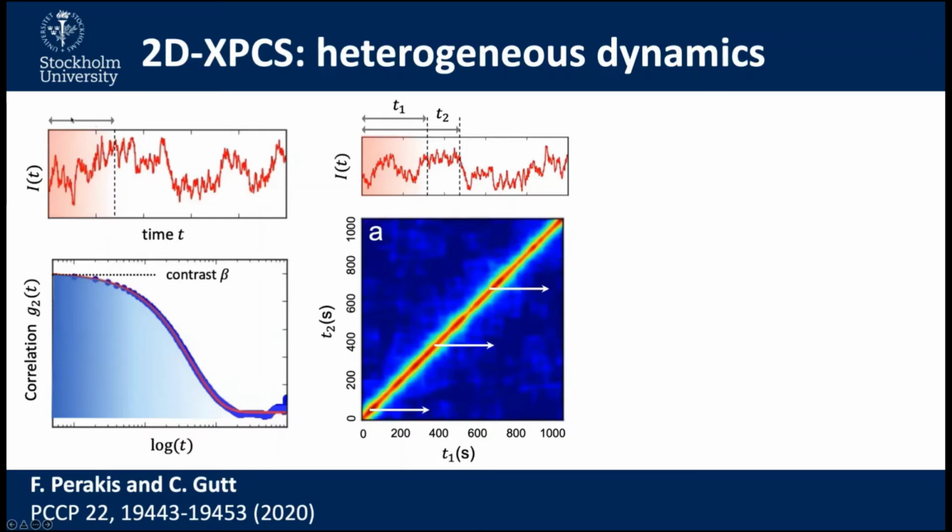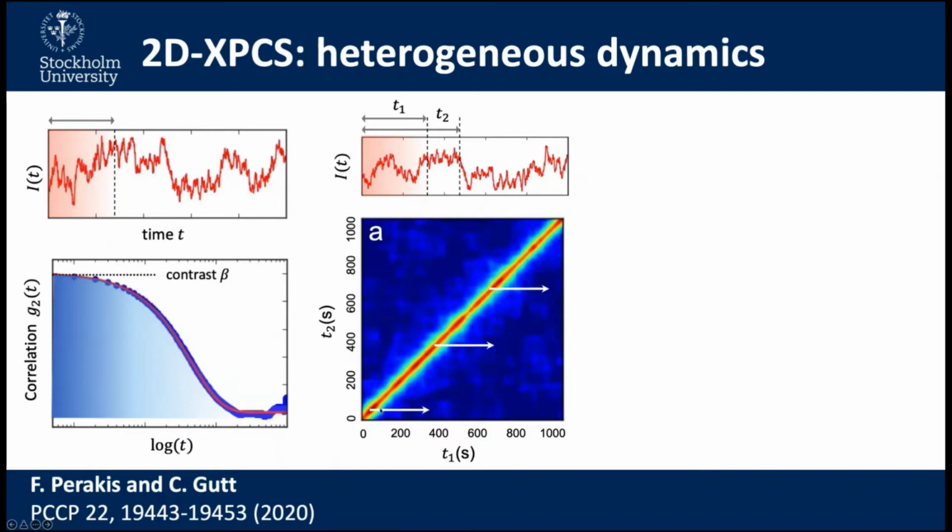Instead of having one time constant, you introduce a second time constant, a T1 and a T2, and you calculate a correlation function with two times, and you get a 2D map that looks like this. Red means high correlation, and blue means low. And by taking cuts along this axis here, you can recover the 1D correlation.